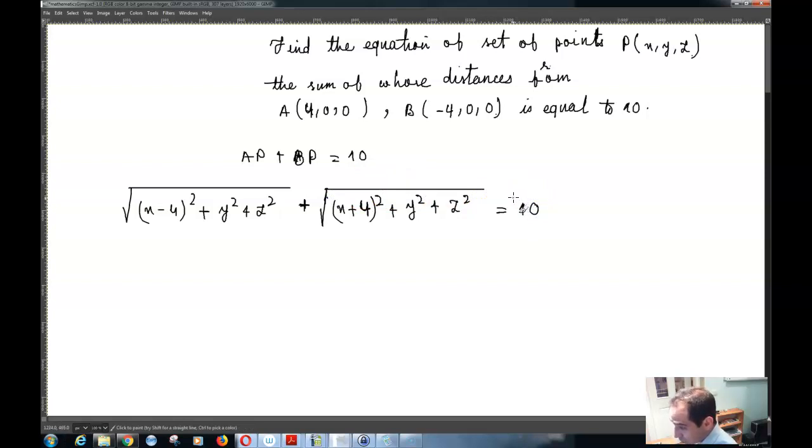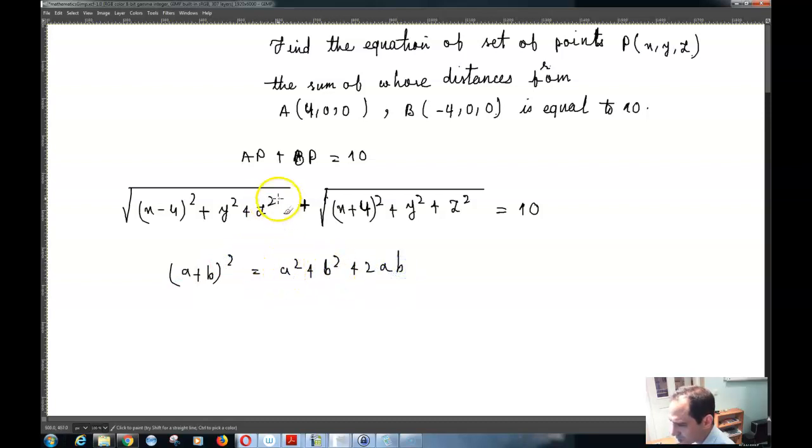Now in order to simplify this equation, if you leave this as it is and raise both sides of this equation to the second power, this would be a plus b whole squared, which is equal to a squared plus b squared plus 2 times ab.